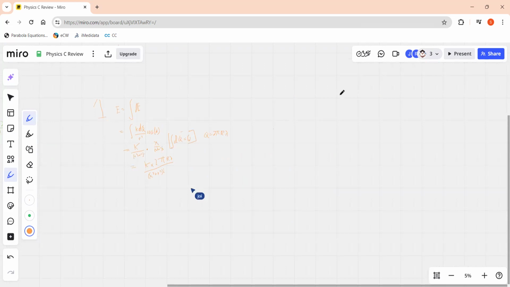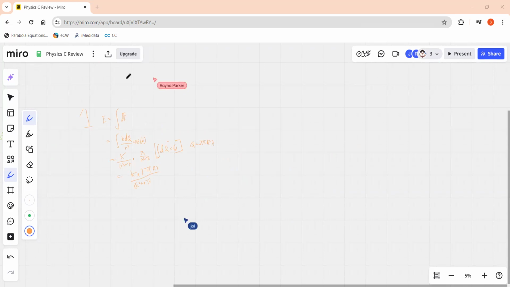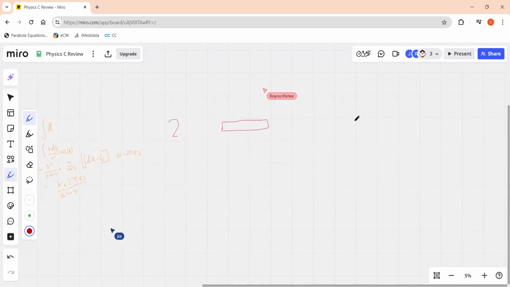The second one, E equals integral of dE.